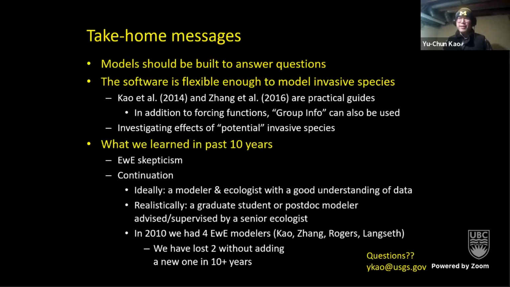For example, Chinook salmon is not called an invasive species. They are still introduced and have really big populations, but we call them naturalized. So invasive really is a word for species from outside of the system that became really successful, and their effects are really negative.